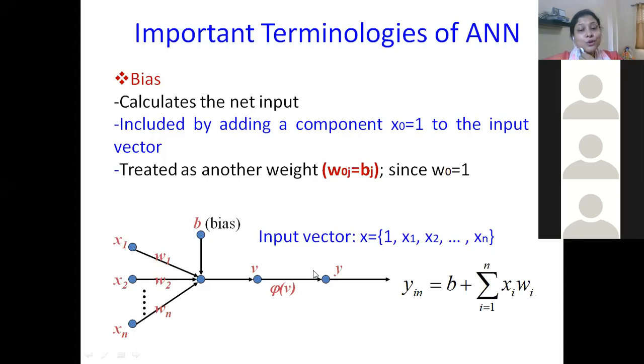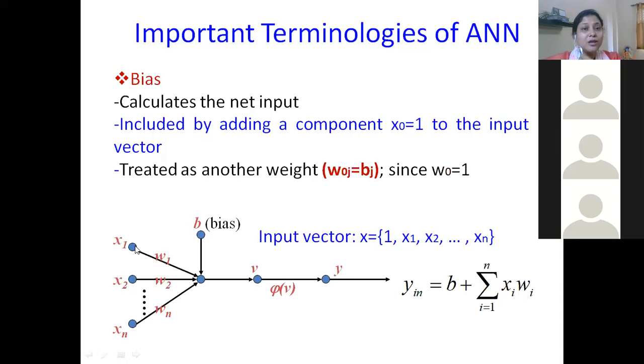Now, in that term, what does the input vector look like? Because in the previous slides, before the bias was introduced, we know the input vector is x1, x2, x3, up to xn.